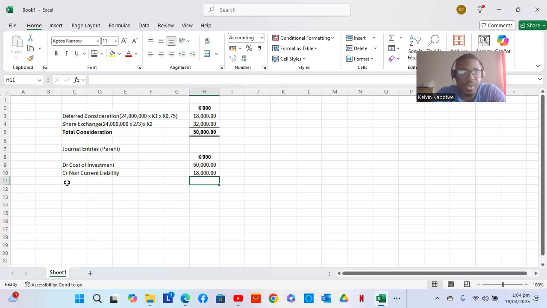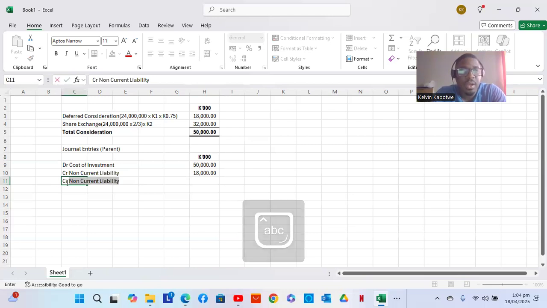Out of that 32 million, because remember it was a share for share exchange, remember our shares have got a nominal value of what? 1 kwacha. So we are going to say 16 million shares at 1 kwacha will go to our ordinary share capital.